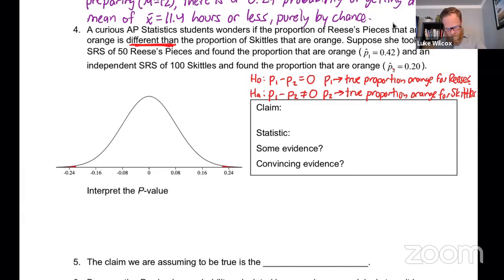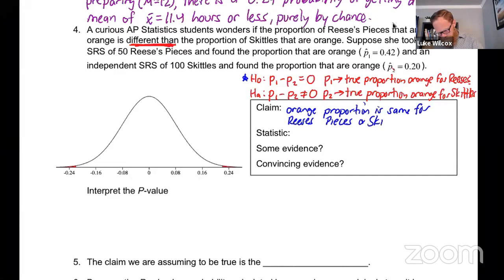And that claim we're going to assume to be true is the null, which would say P1 minus P2 equals 0, meaning that the two proportions are equal. So I'm going to say the claim here is that the orange proportion is the same for Reese's Pieces and Skittles. That's the claim we're going to assume to be true.